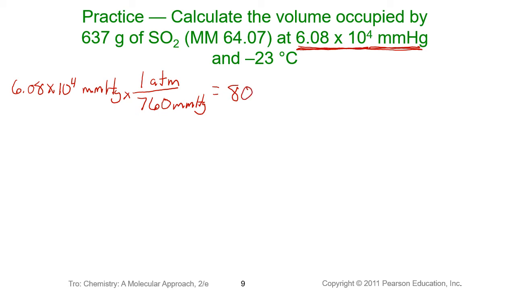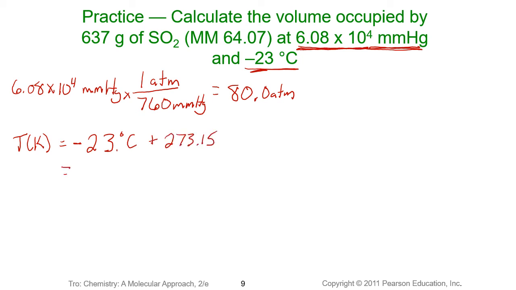So this gives us 80 atmospheres. We also need to convert our temperature. So we want to take our degrees Celsius, in this case -23 degrees Celsius, and add 273.15. So we end up with 250 Kelvin.